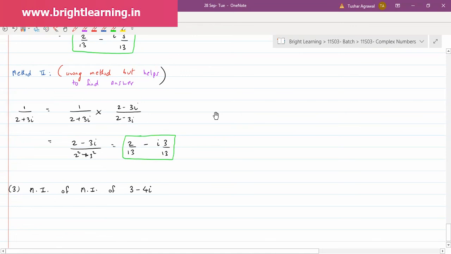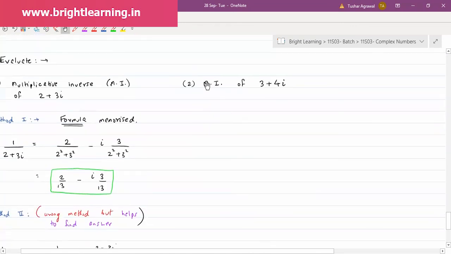Okay. The second question is also the same: multiplicative inverse of 3 plus 4i. 1 upon 3 plus 4i. I will directly write the final answer; you know how to find it.